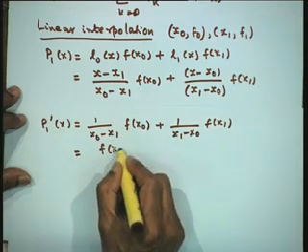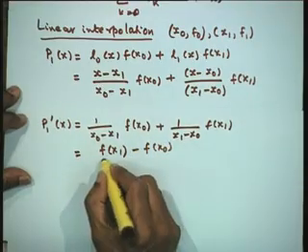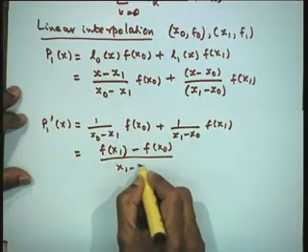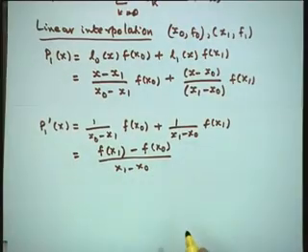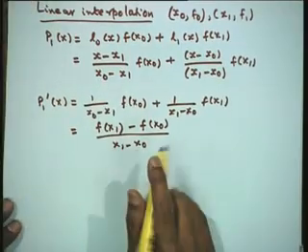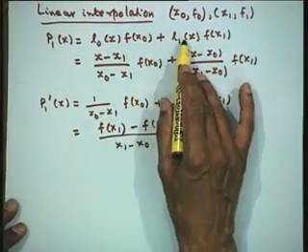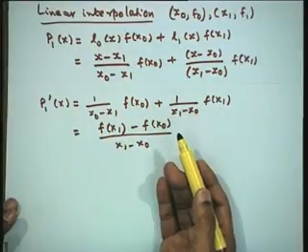So, I can write f of x 1 first, and this with an opposite sign, f of x naught, divided by x 1 minus x naught, which of course is a constant, because we started with a linear polynomial of degree 1. We have differentiated it, therefore you get a constant.